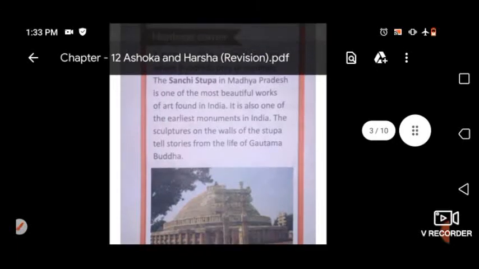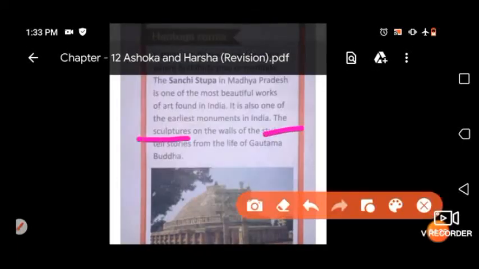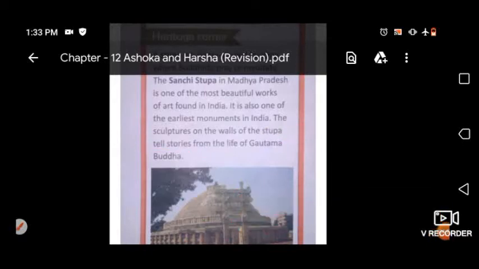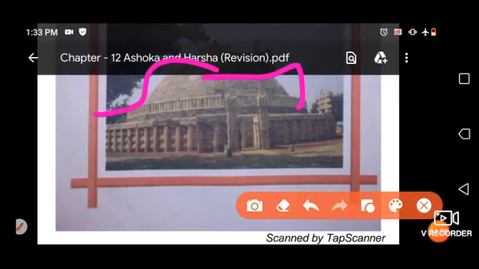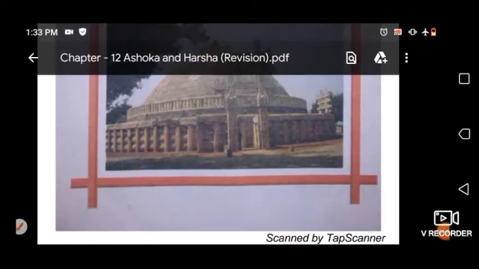It is also one of the earliest monuments of India. The sculptures on the walls of the stupa tell stories from the life of Gautam Buddha.